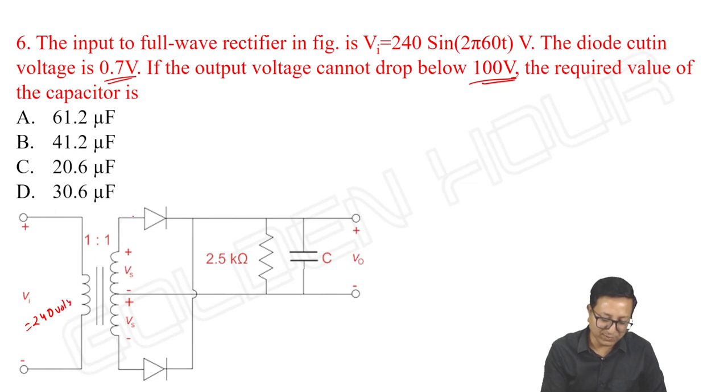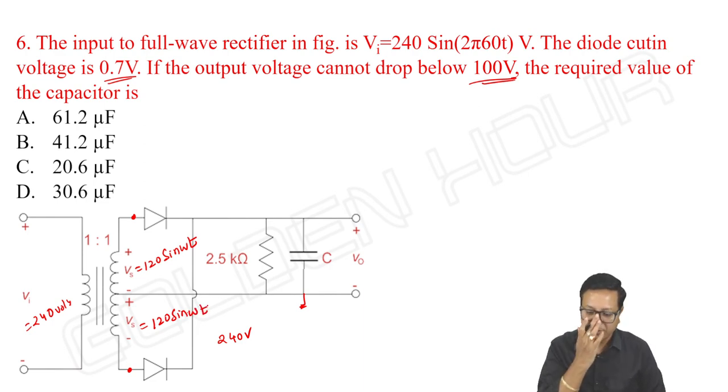And it is 1-to-1 transformer means here across the secondary winding also it is 240 volts. If that is the case, Vs will be equal to one end of the winding to the center tap, it is 120 sin omega t, and other end of the winding to the center tap, it is also equal to 120 sin omega t. Okay.